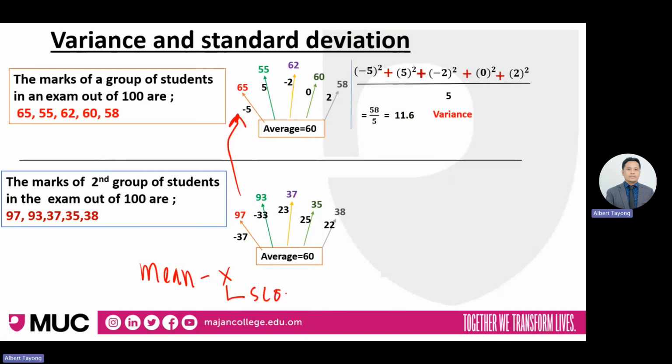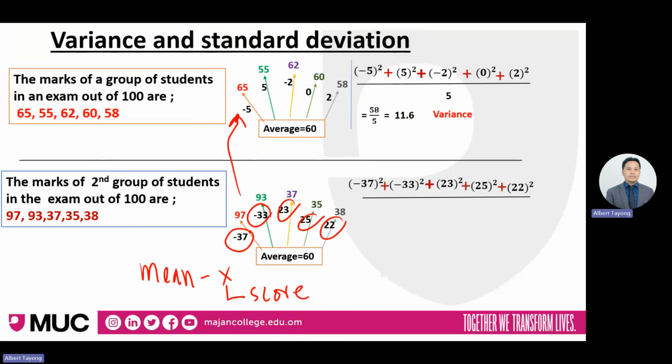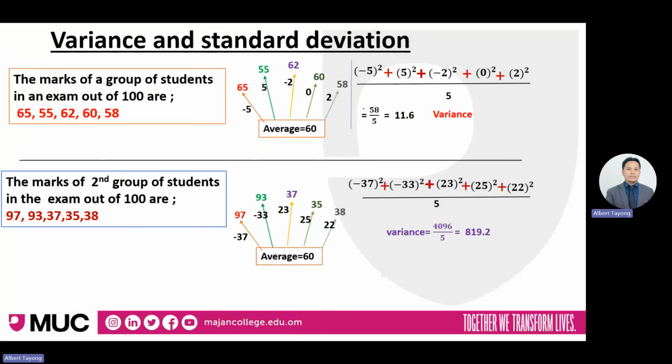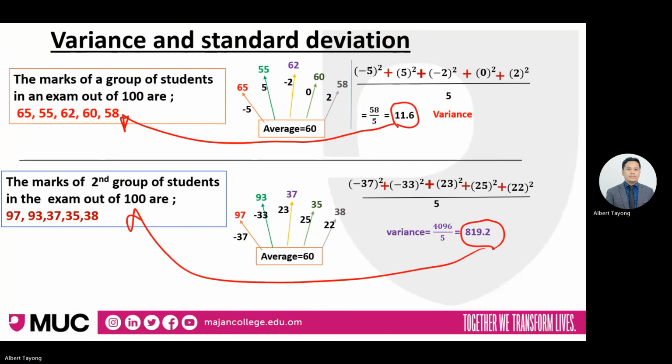This is the x. And of course, we're going to add all the squares of every difference and then divide by the number, divide by 5. So 4096 over 5, that is 819.2. Now, as you can see, the variance of the first data set is smaller than the variance of the second data set.